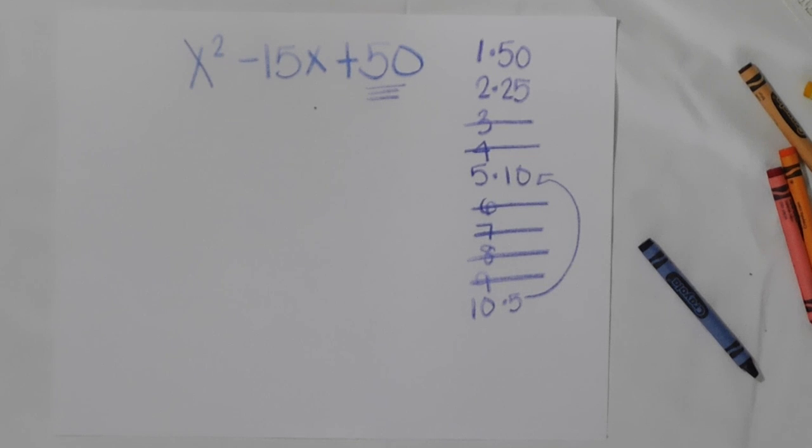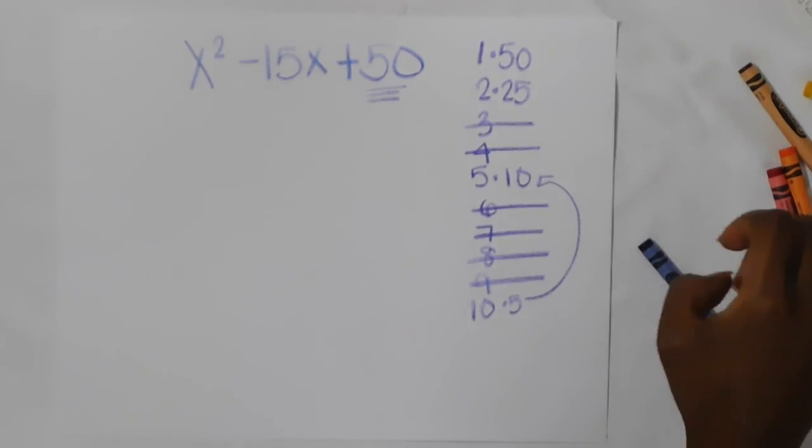Now I'm going to look at that list, and I'm going to focus on the negative 15 in the middle. Which one of that combination could give me a negative 15 by addition or subtraction? Clearly that has to be 5 and 10, because 5 plus 10 equals 15.